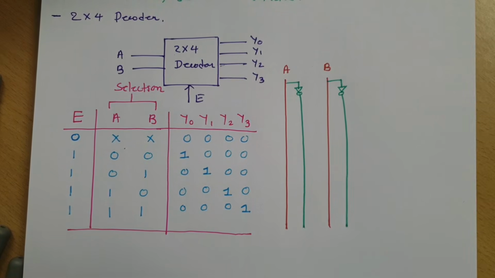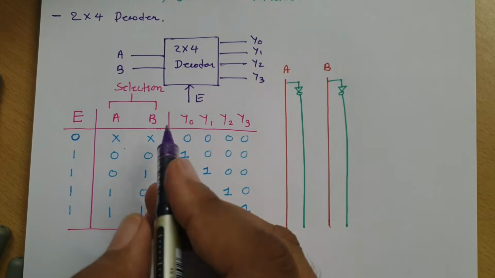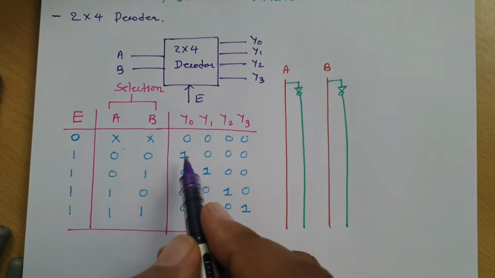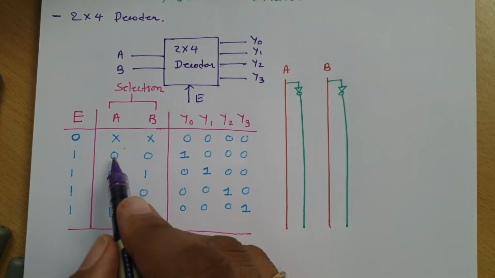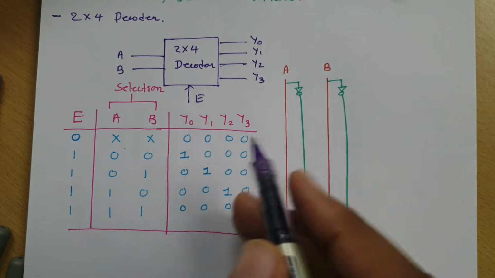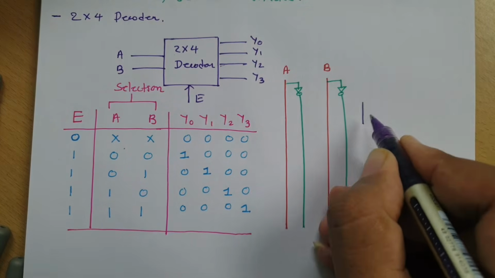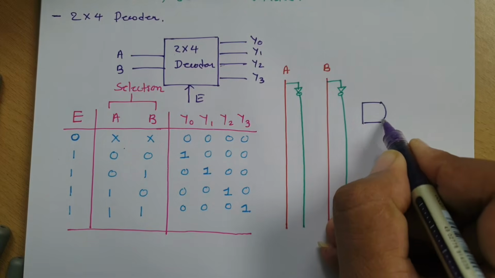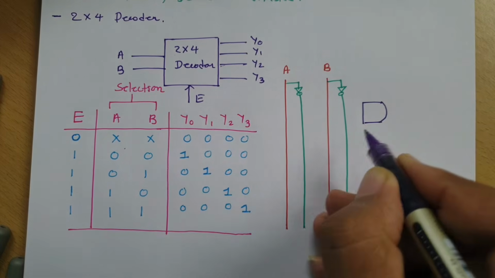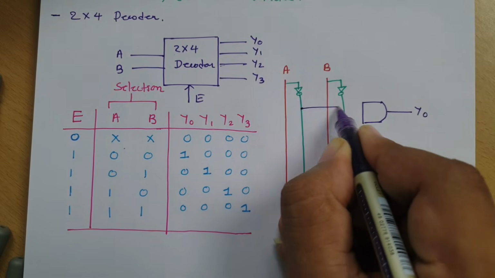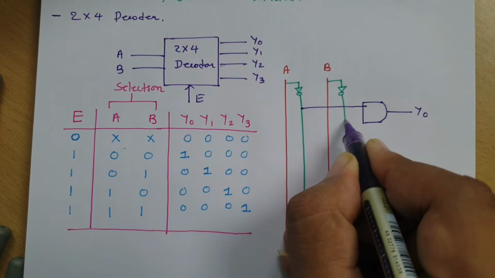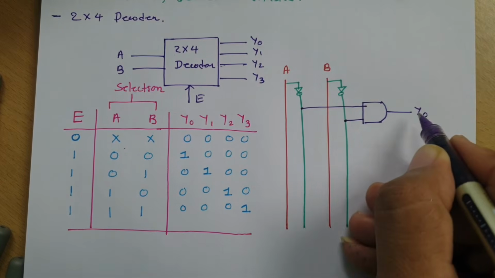Now here, to have a selection of Y0, we need to have A and B equal to 0 0. Means A bar and B bar, that we need to have. So if you want to have Y0, in that case A bar means this and B bar means this, that we need to select.